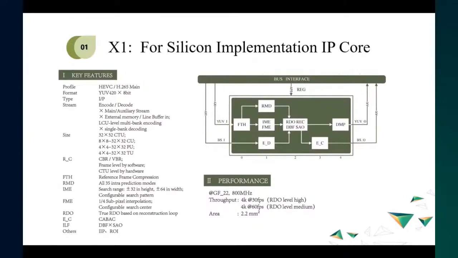This IP core has been successfully implemented in GlobalFoundries 22 nanometer, and the highest frequency can support 800 megahertz. The throughput can support 4K at 13 FPS with the RDO level high, and 4K at 16 FPS with RDO level medium. The area is 2.2 square millimeters.